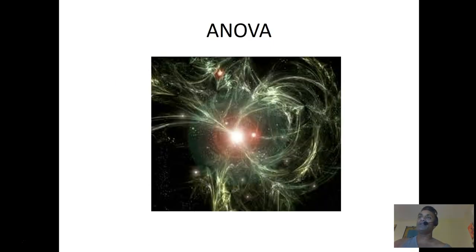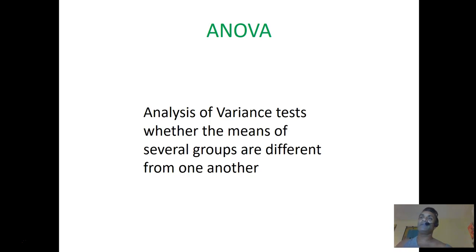So let's go over the ANOVA first, the analysis of variance. Essentially, the analysis of variance tests whether the means of different groups are the same or different, whether the mean mileage of this group of cars is the same as that group of cars, is the same as that group of cars.